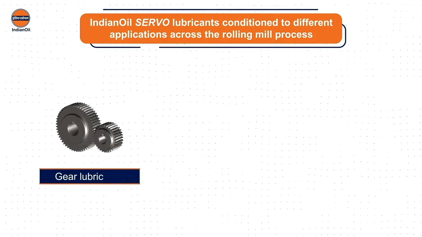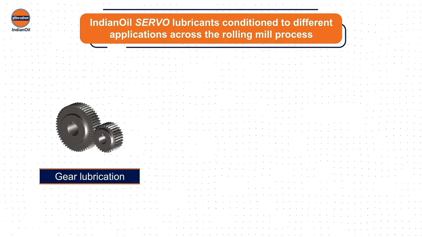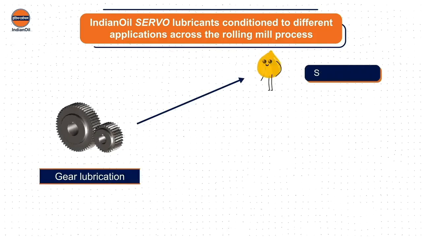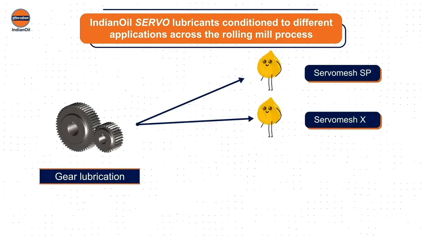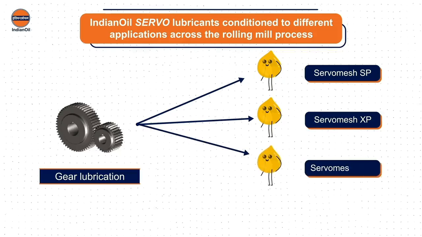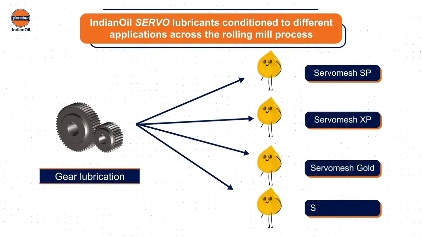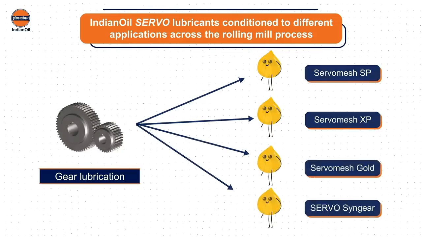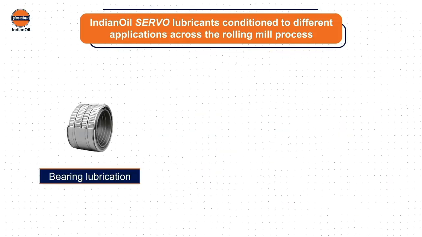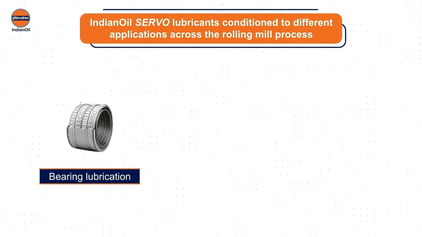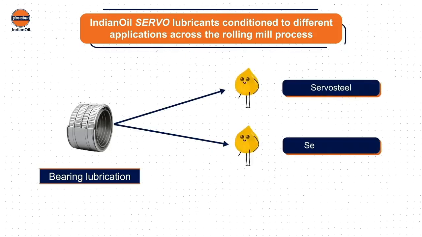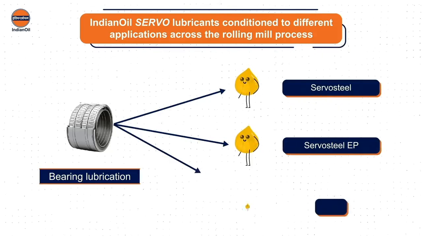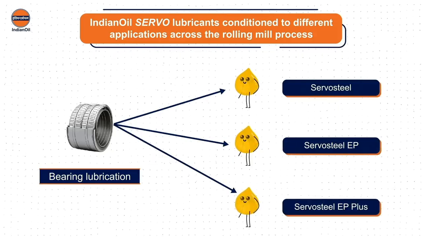For gear lubrication, the lubricants used are Servo Mesh SP, Servo Mesh XP, Servo Mesh Gold, Servo Syngear. For bearing lubrication, the lubricants used are Servo Steel, Servo Steel EP, Servo Steel EP Plus.